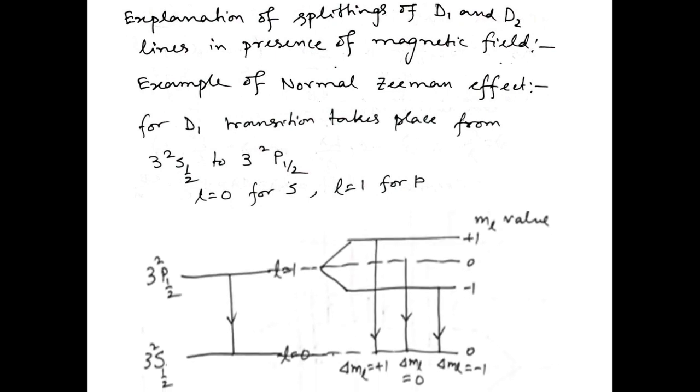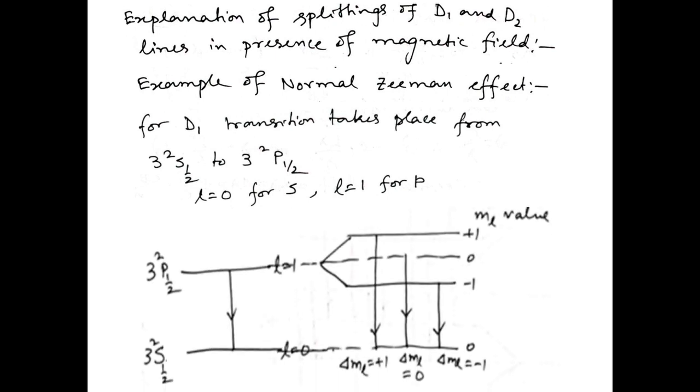Follow the cursor. Here, in the absence of the magnetic field, there is one line: 3P half to 3S half, a single line. But when there is a magnetic field, that L value gets changed to its ML value, that is plus 1, 0, minus 1, and as L equals 0, the ML value is only 0.